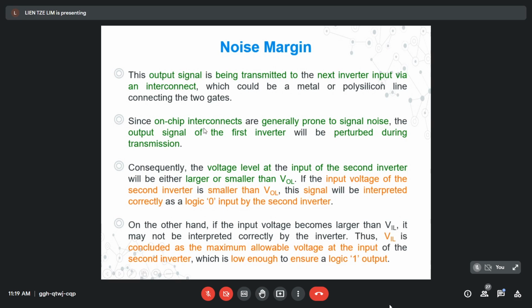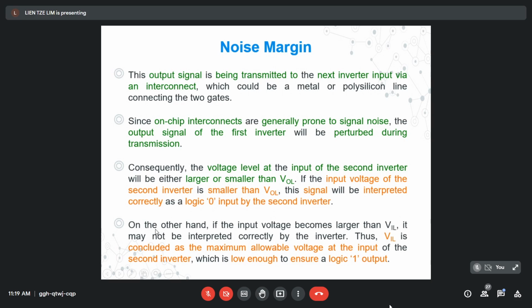Since on-chip interconnects are generally prone to signal noise, the output signal of the first inverter will be perturbed during transmission. Consequently, the voltage level at the input of the second inverter will be either larger or smaller than VOL. If the input voltage of the second inverter is smaller than VOL, the signal will be interpreted correctly as a logic 0 input by the second inverter.